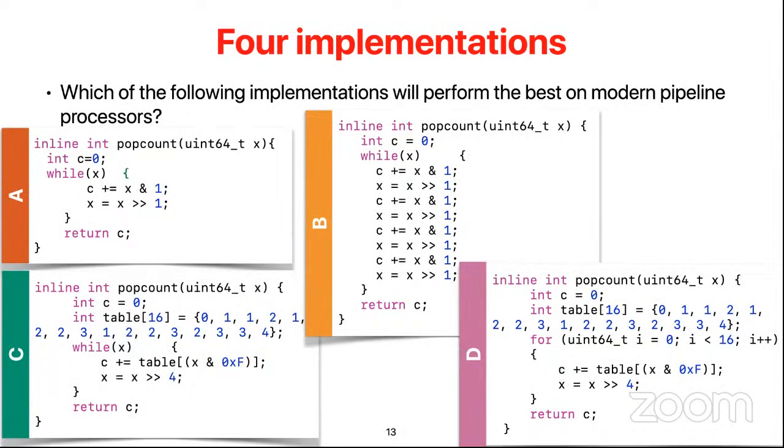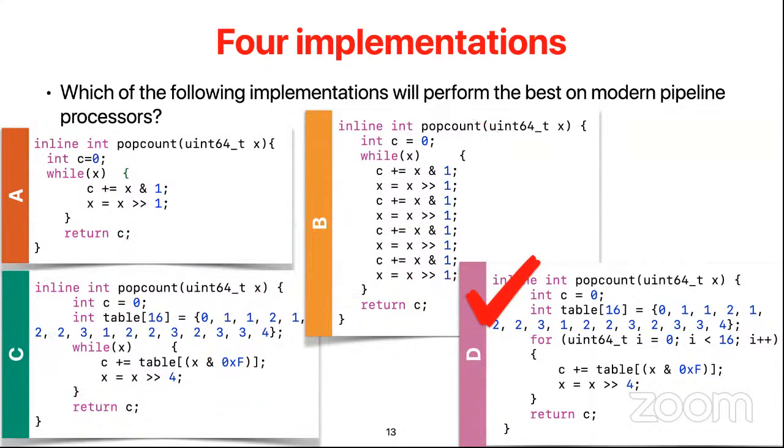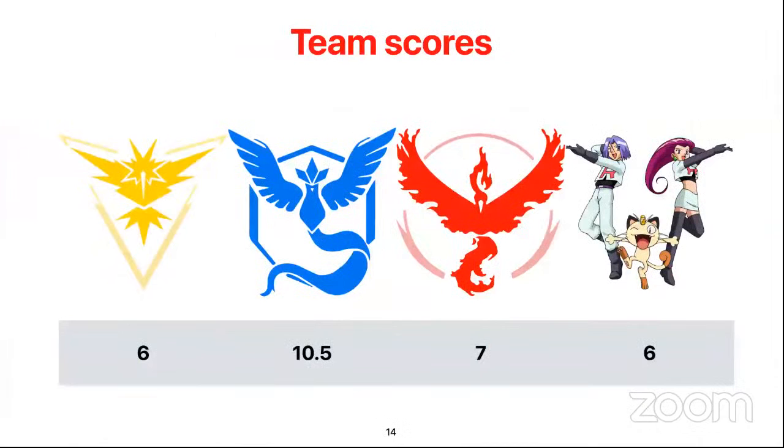Apparently a lot of you didn't think about that, and a majority of you think it is either C or B. But actually, the best performing one is D. For the first part of this lecture, we are going to tell you why D is the best performing one.